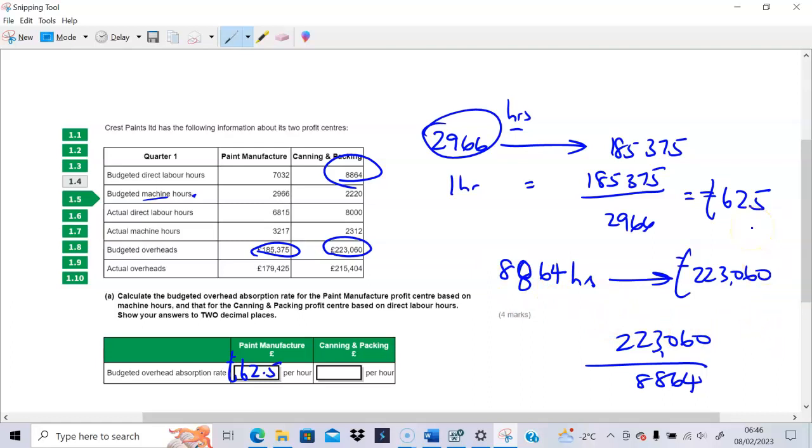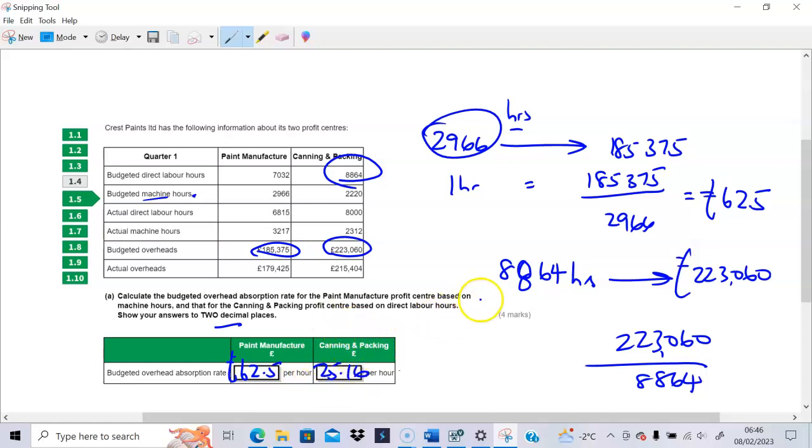I'm getting an odd number, and it says round to 2 decimals. Perfect, so that's 25.16 pounds per hour. And that's how we deal with that.